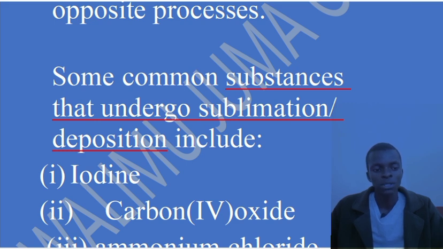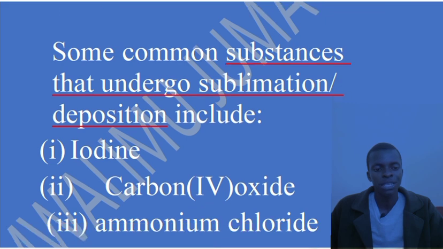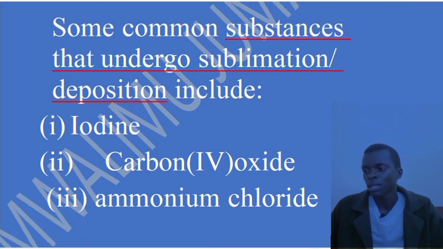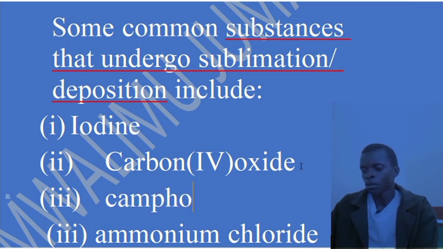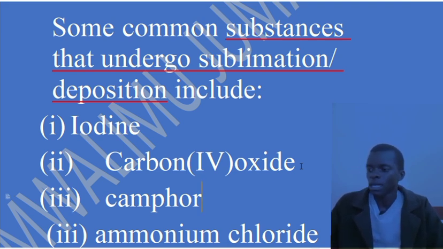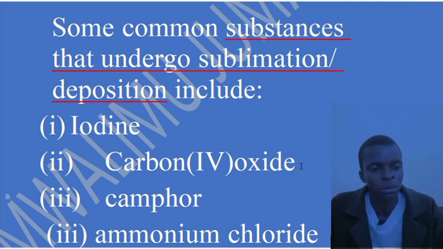Even the environmental temperature is enough for camphor molecules to escape into the surrounding environment. So camphor is the third substance that undergoes sublimation and deposition.